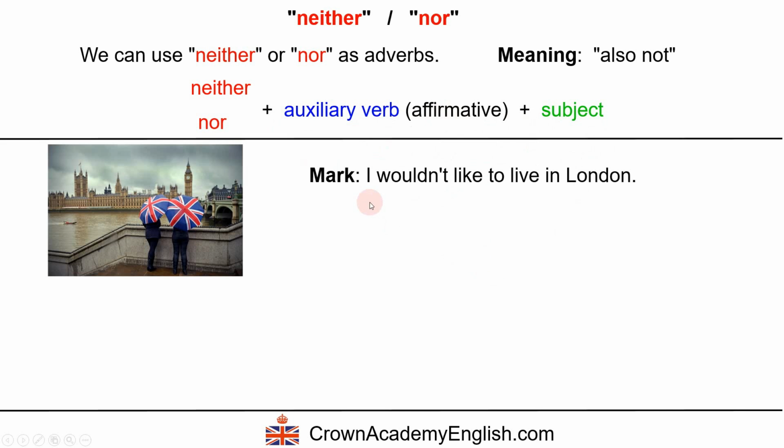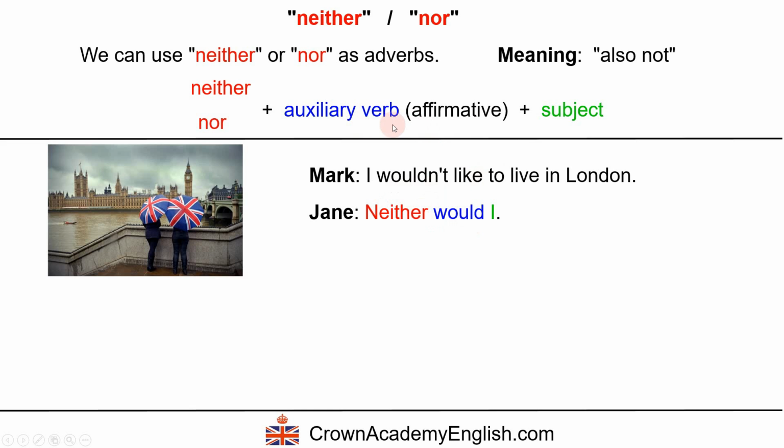Example. Mark says, I wouldn't like to live in London. So notice this is a negative. And Jane is agreeing. So that's what this means. Jane is saying the same thing. Jane is saying also, I wouldn't like to live in London. Neither would I. So neither, and then we convert the auxiliary verb from the negative into the affirmative.